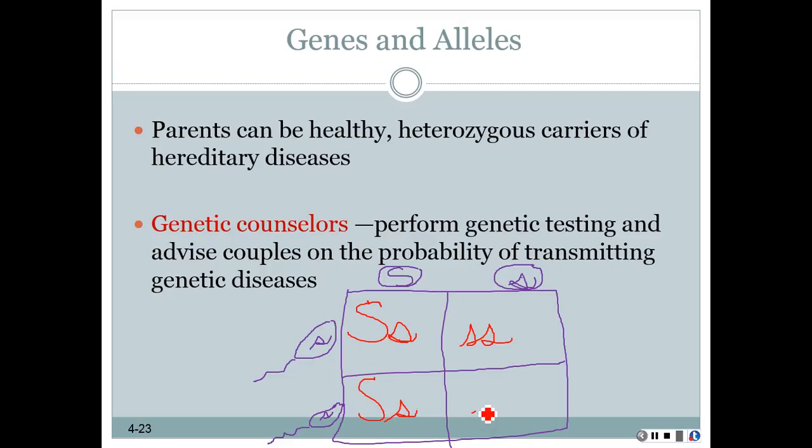The 4th child will be homozygous for the non-sickle cell dominant trait. So it'll still be there, but they won't have the symptoms. So 50% will be homozygous non-sickle cell, and the other 50% will be heterozygous for the sickle cell trait.